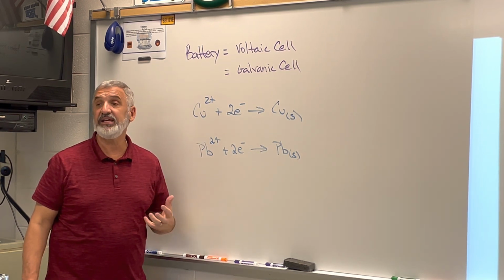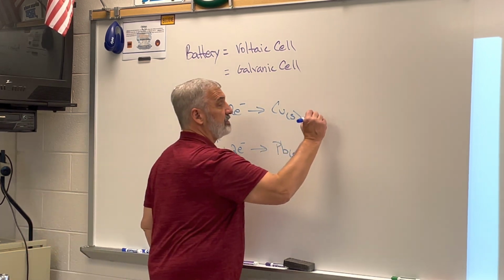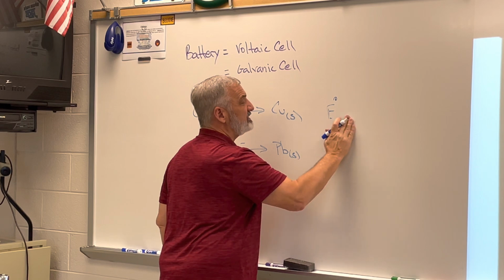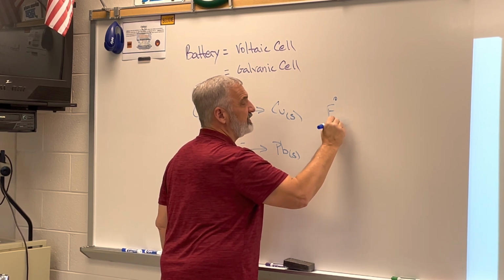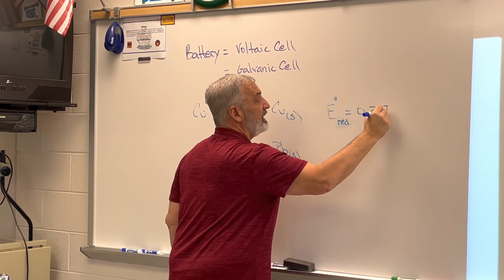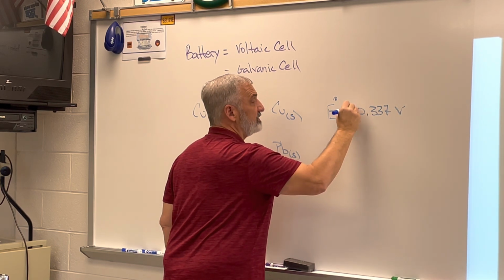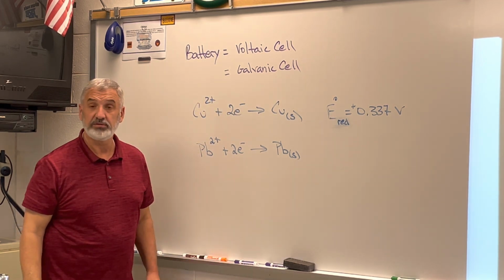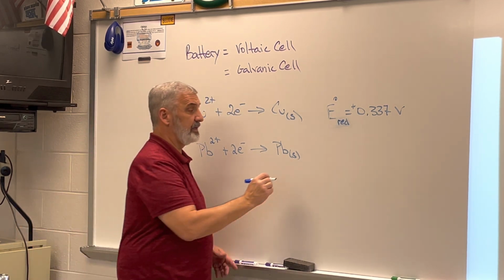What does it say the E cell is? Not E cell, just the E red on this one is actually 0.337, and it's positive. Okay, that's its reduction potential. What is it for lead?